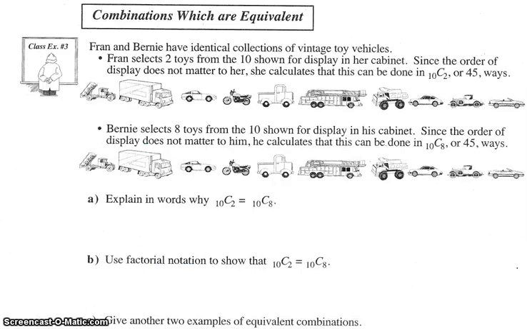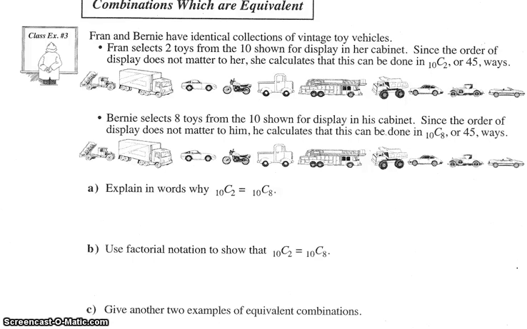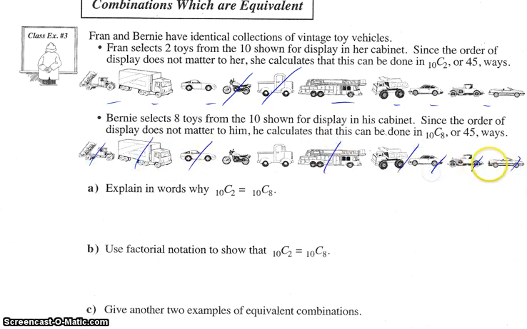Example 3 looks at combinations which are equivalent. For the sake of time, I'm not going to go too heavy into this one and fill them all out, but essentially what this is showing is if you have 10 toys, and you choose 2 toys from those 10, these 8 remaining, the number of ways to choose 2 toys would be the same as if I chose 8 toys, and the number of groups that would make.